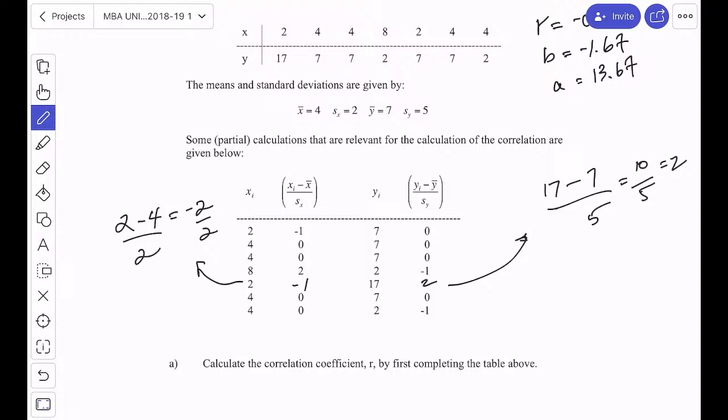All right, and now compute the R. I'll leave you with that for a minute. Go ahead and compute R. So this is like a show all your work exercise.